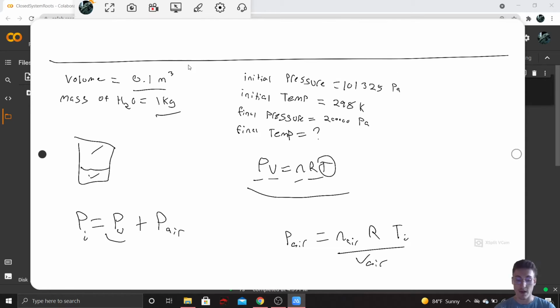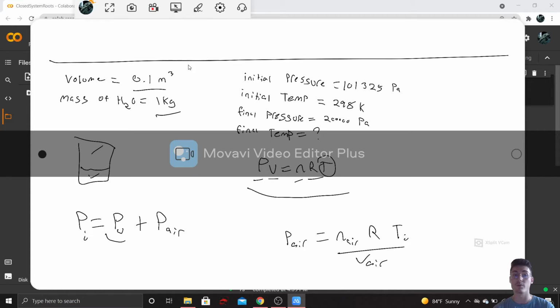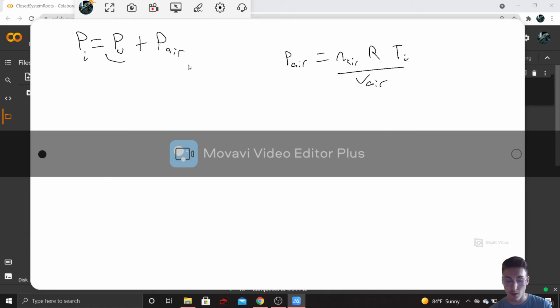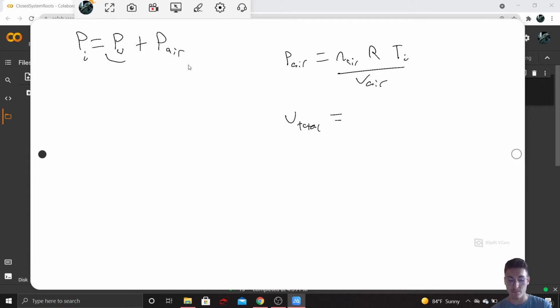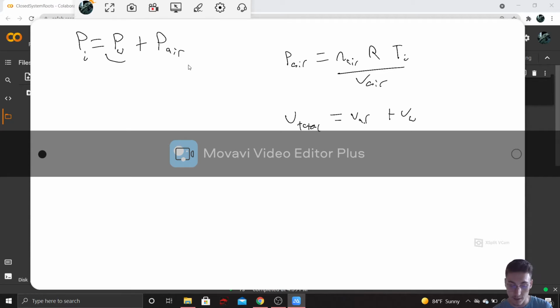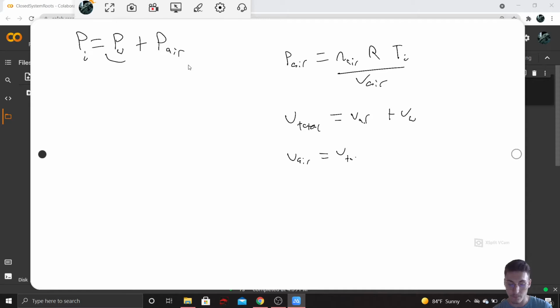Now we also don't know the volume of just the air, but we can figure that out because we have a total volume of 0.1 meters cubed. So our total volume is going to be the volume of the air plus the volume of the water. If we want to find just the volume of the air, we can take this to the other side and say the total volume minus the volume of the water equals that.